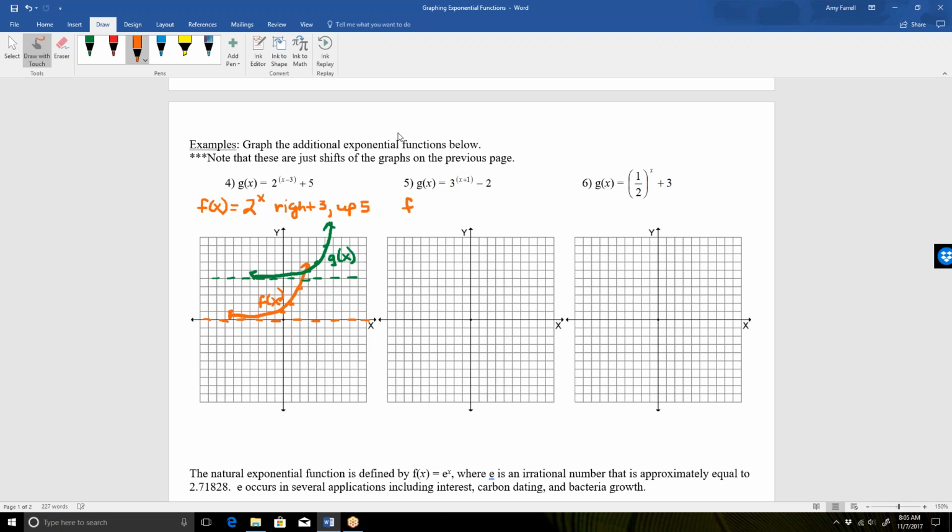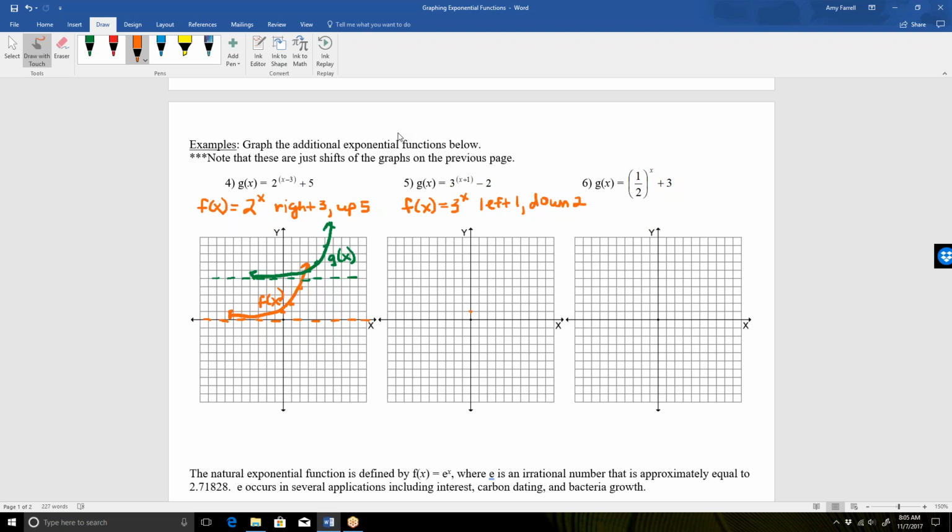This is going to be f of x equals 3 to the x, shifted left 1 and down 2. Left 1 because of x plus 1 up here in the exponent, and down 2 because of the minus 2.